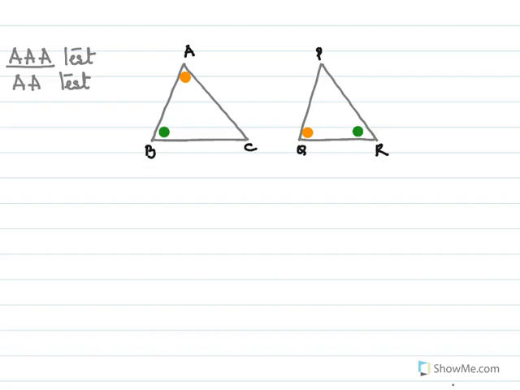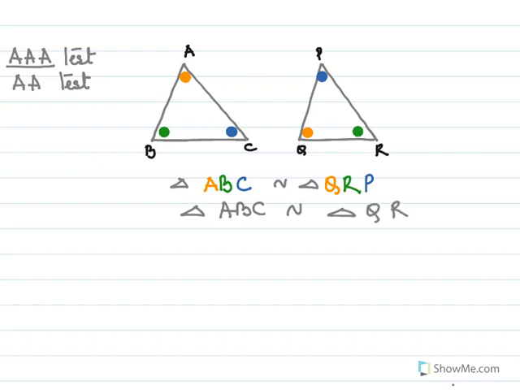While writing the similarity, if I write A here, I have to write Q because A equals Q. Then if I write B here, I need to write R. Hence, C must be equal to P. So the triangles are now similar. We can say triangle ABC is similar to triangle QRP by AAA test.